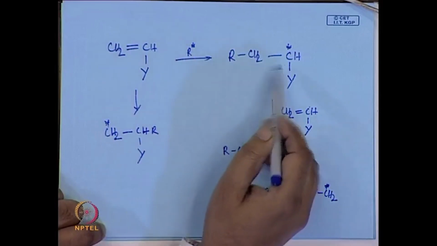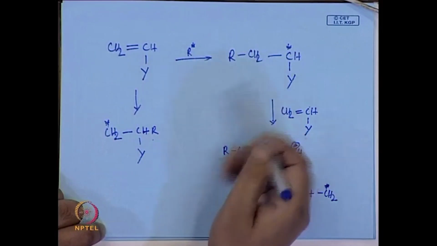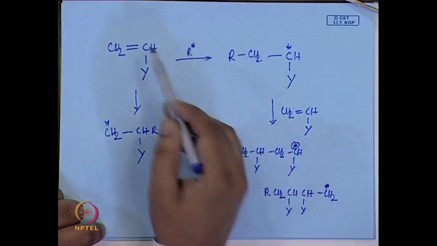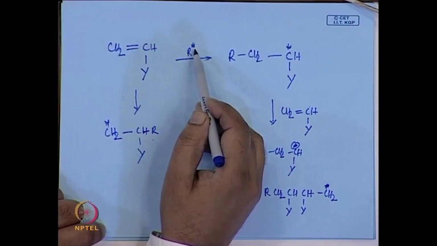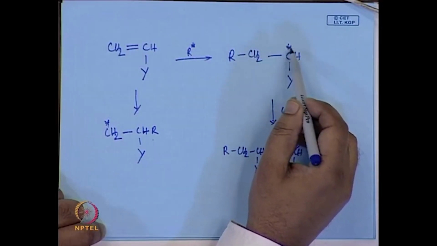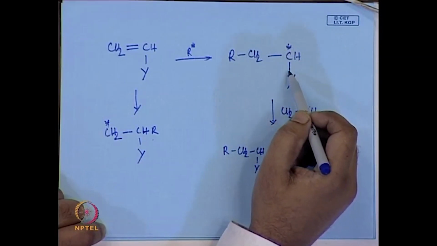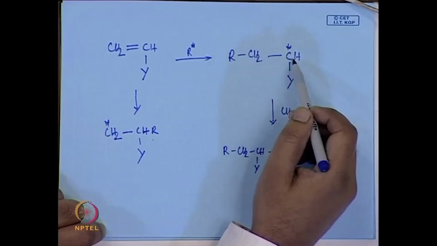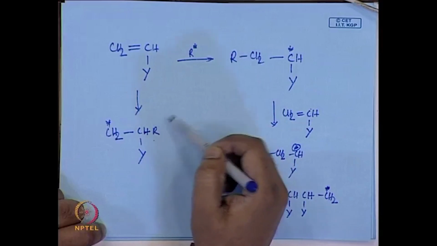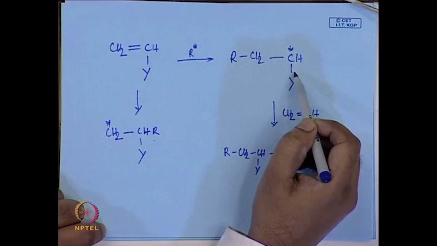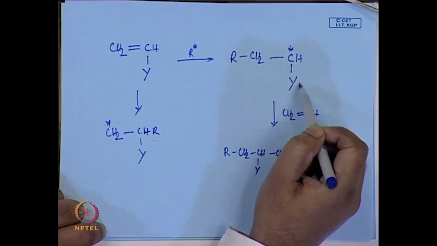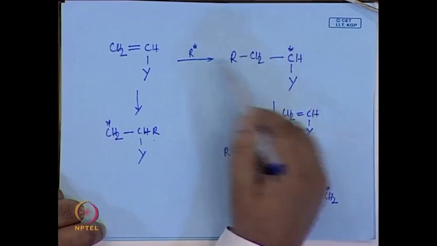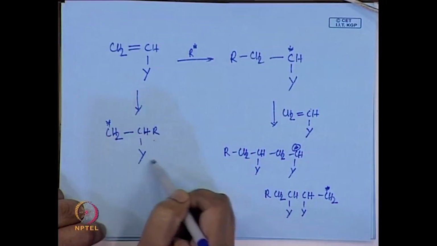Now, given these two structures, the fact that this monomer is reacting with this reactive species means that whether it is a radical, cation or anion, it will get stabilized by the substituent Y present. So, given this and this choice, because of the presence of the stabilizing group Y as a substituent, this side is always preferred, unlike the other.